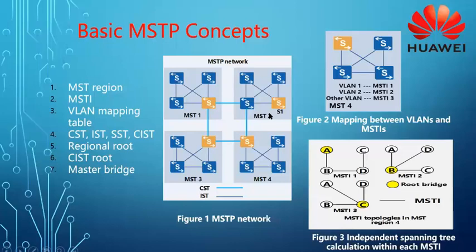In each MST region, MSTP independently calculates the MST instance for each VLAN based on the mapping between VLANs and MST instances. At the last step, MSTP responds to topology changes, like the RSTP protocol, and it works exactly like RSTP.